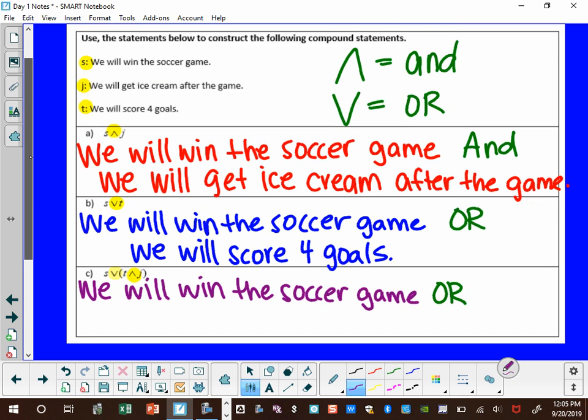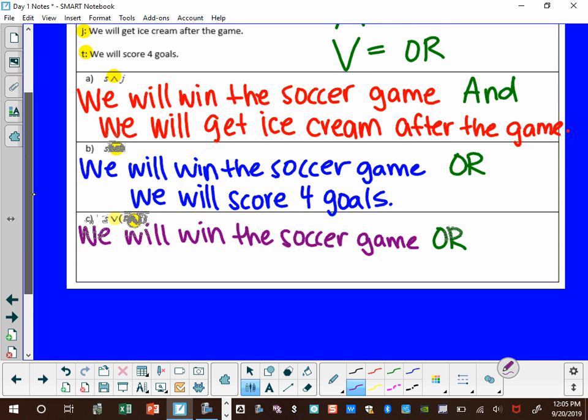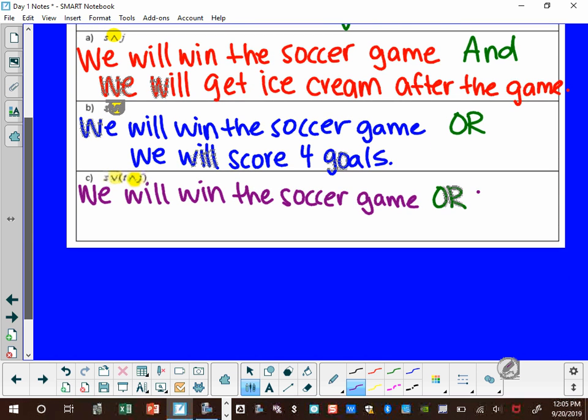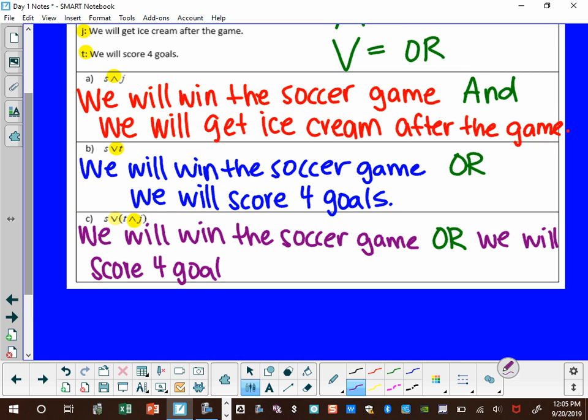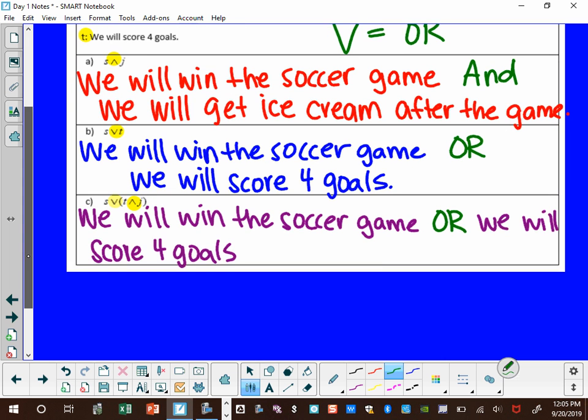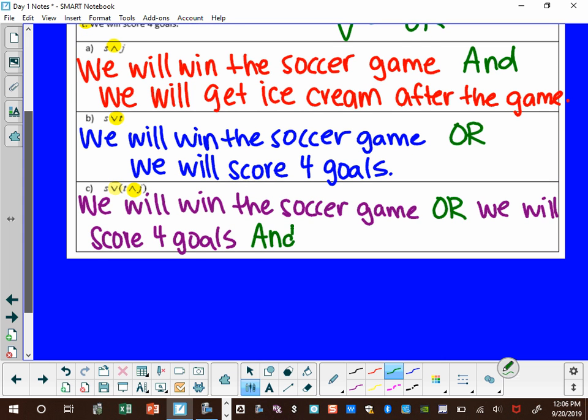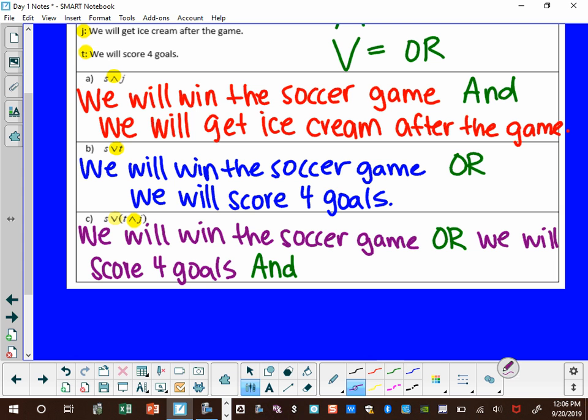So we will win the soccer game, or we will score 4 goals. Okay, what's the last part? And we will get ice cream after the game. Good.